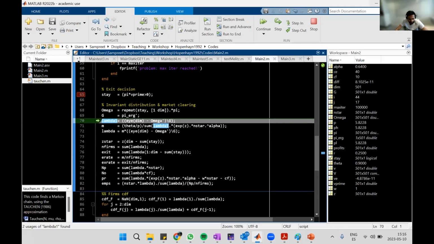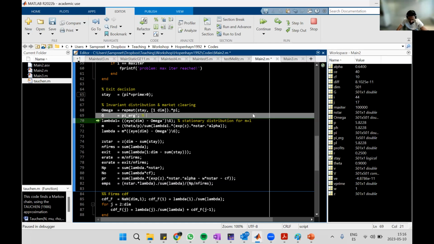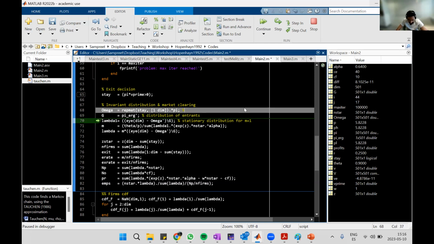Then once I know G and omega, I can get my lambda, which is the stationary distribution. This is the stationary distribution for m equal to 1, the distribution of the transition matrix.